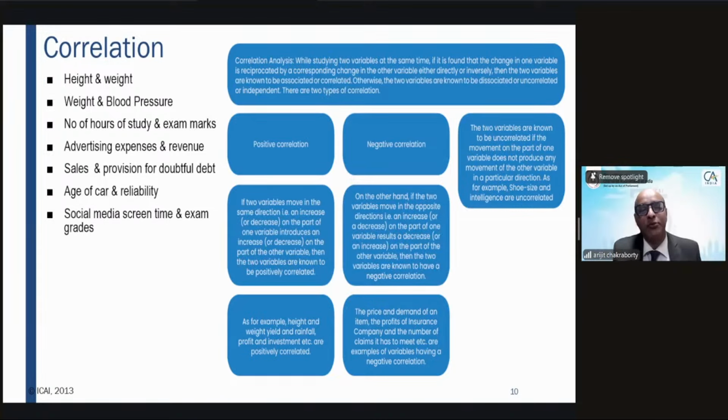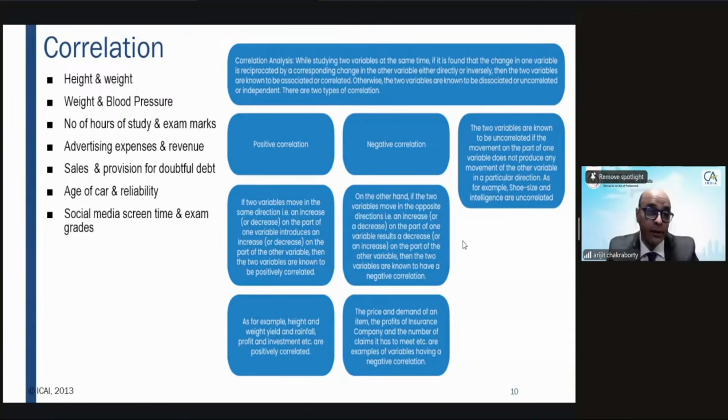If I spend a lot of time in social media, or if I spend a lot of screen time watching movies, definitely if I have an exam, I will fail. I'm very clear and open about it, and there is no hiding the fact. So therefore, for me, more the social media screen time, my exam performance will absolutely move downwards. So there is an inverse relationship. I hope you can see the interesting part of correlation.